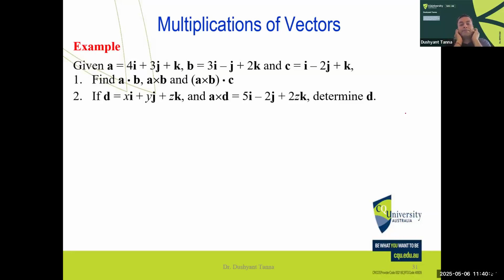You will see why. It refreshes our concept of Gauss elimination. So I'll explain it when we reach there. Let's talk about the first part.